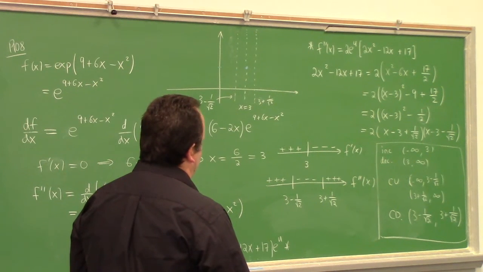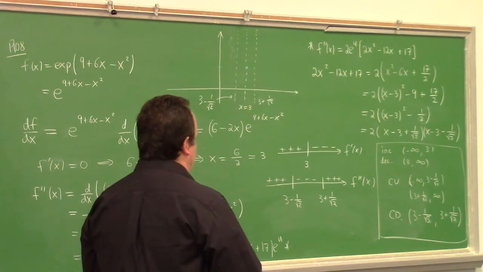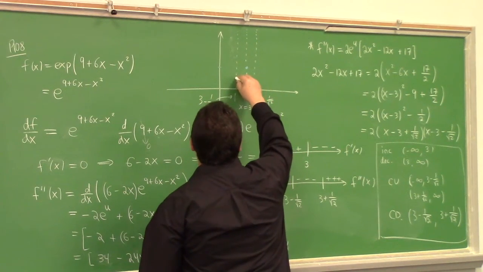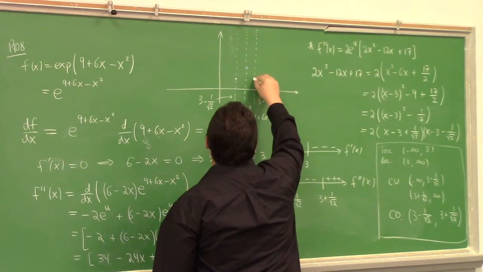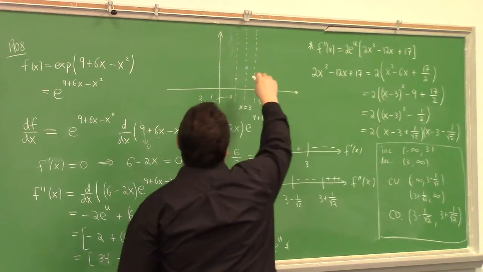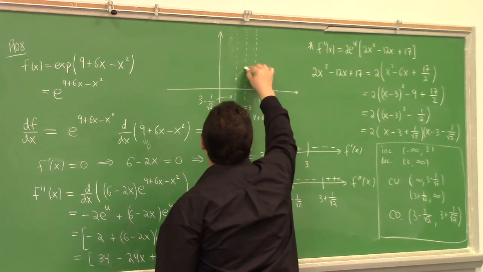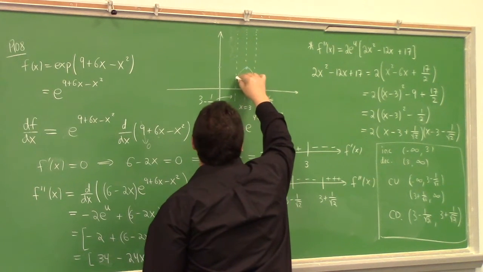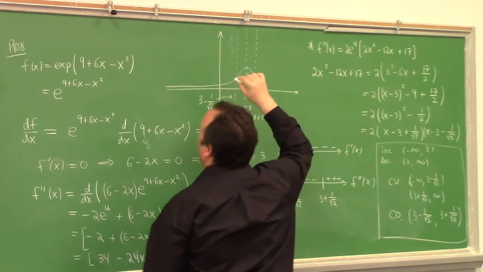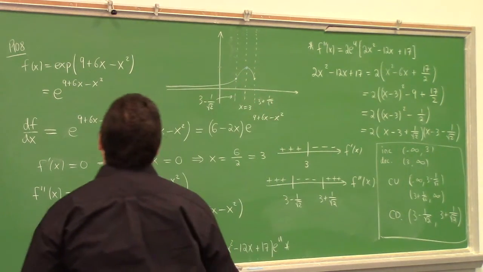And then it's increasing, and then it's decreasing. It changes concavity here and here, I think. So it's kind of concave down like that, and then it flips over. I don't know if it turns back up again or not. Let me think about this.